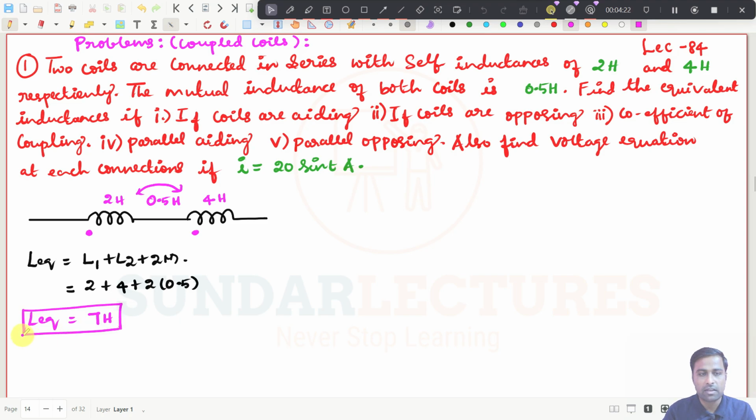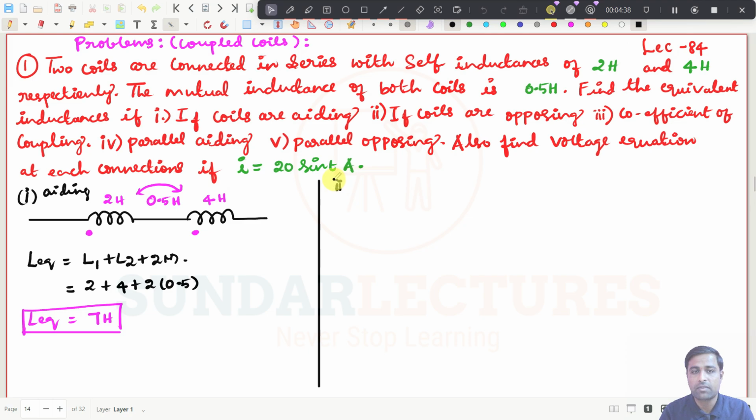Let us go fast. This is for aiding. For the second condition, what they have given is that the coils are opposing in series.